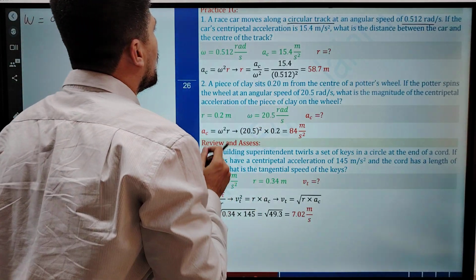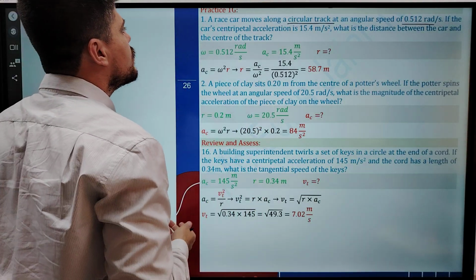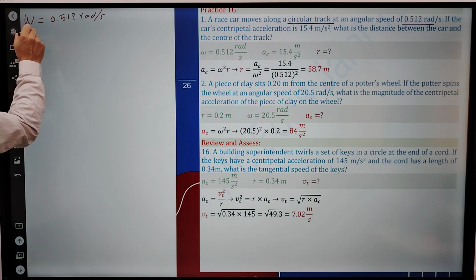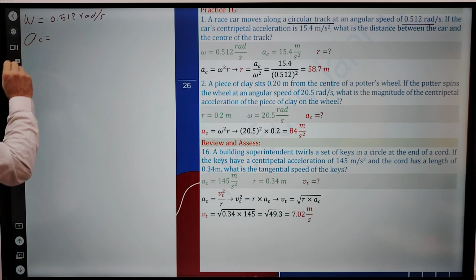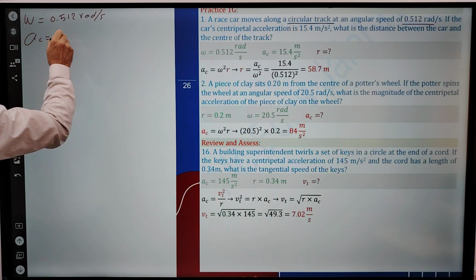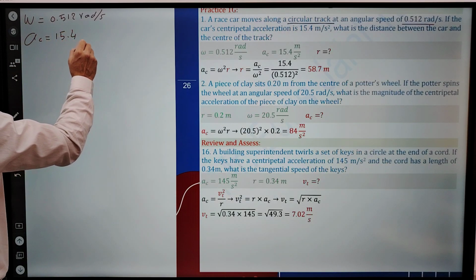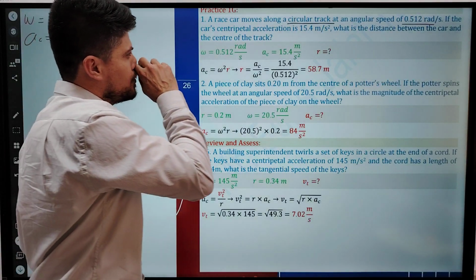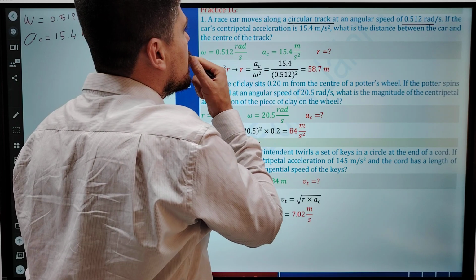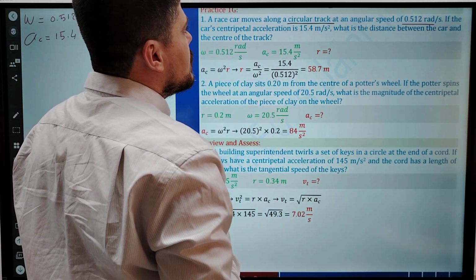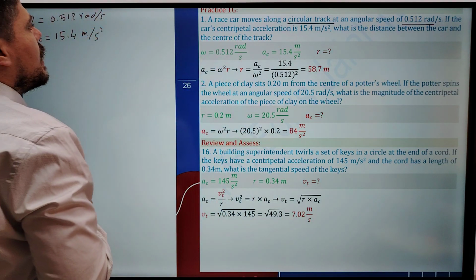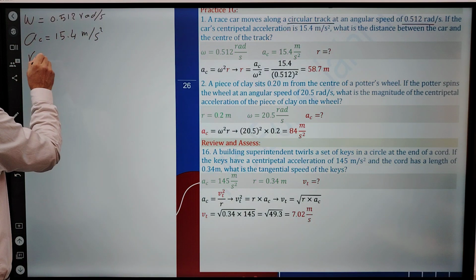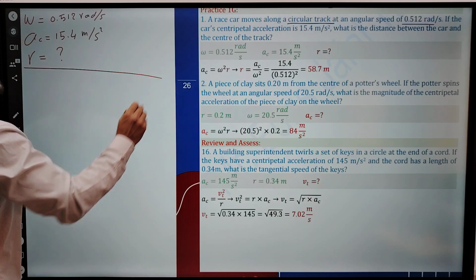If the car's centripetal acceleration is 15.4 meter per second squared, okay? And what is the distance between the car and the center of the track?